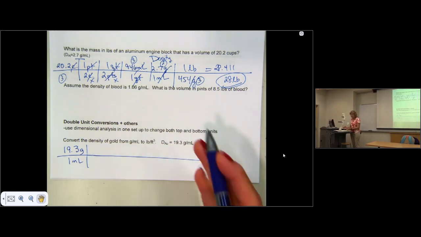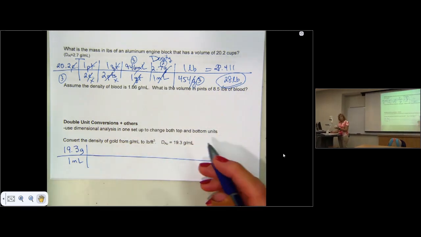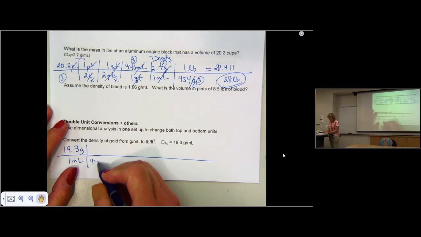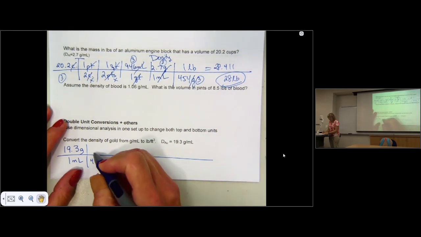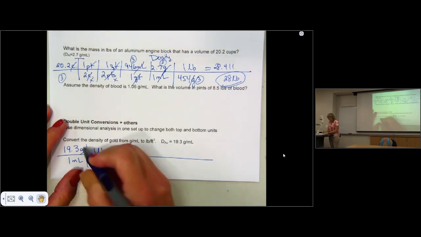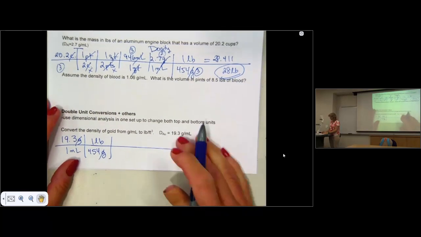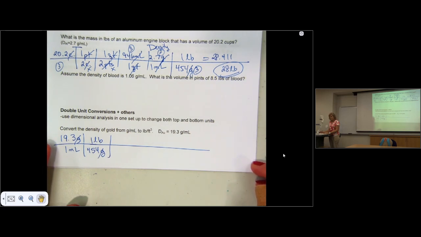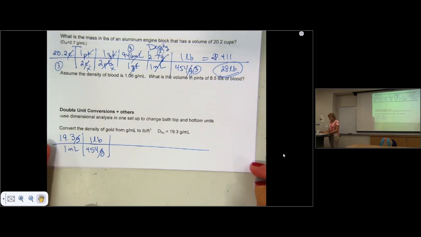So I'm going to deal with grams first. The shortest way is to go straight grams to pounds. You could go grams to kilograms, kilograms to pounds. I'm going to go my route, which is what I know, and that's 454 grams in a pound. Does everybody follow me with that? So we're trying to get grams to pounds and milliliters to feet cubed. Okay. I'm with you now. Okay?